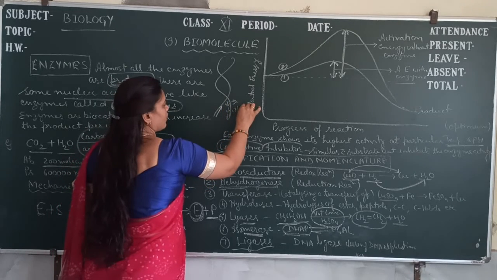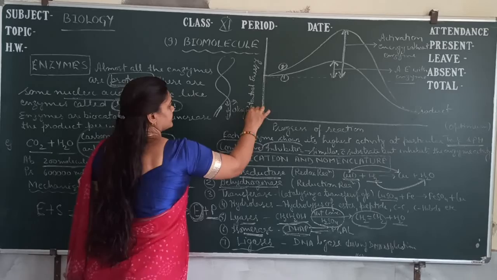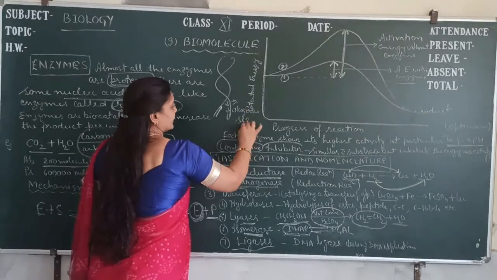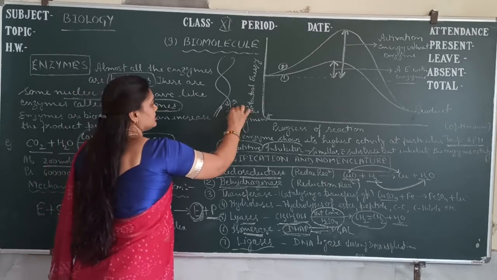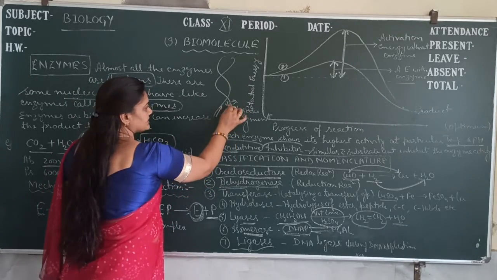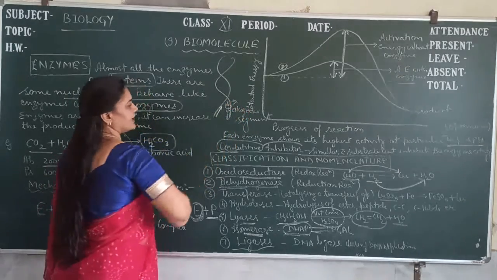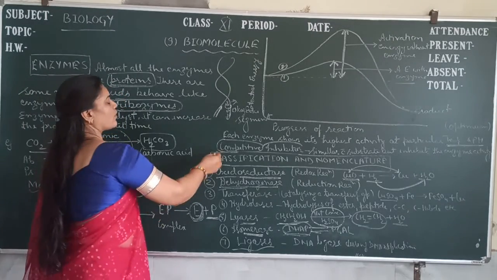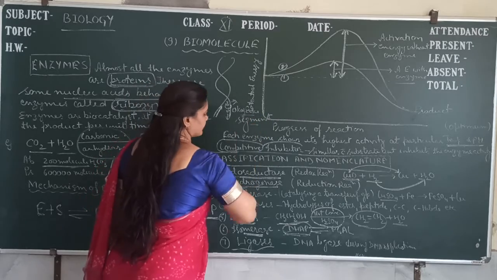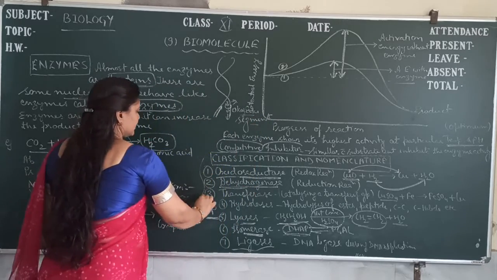The second strand is formed in Okazaki segments, and these segments are connected by DNA ligase. So the function of DNA ligase is to join the Okazaki segments, to join the DNA segments. So this is all about the enzymes.